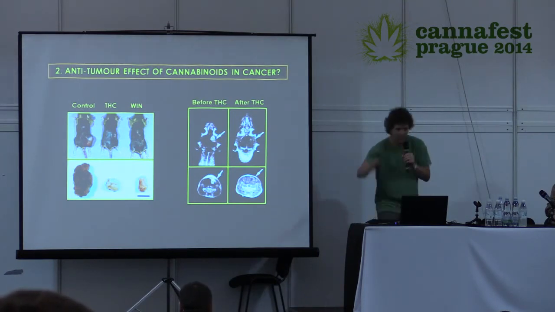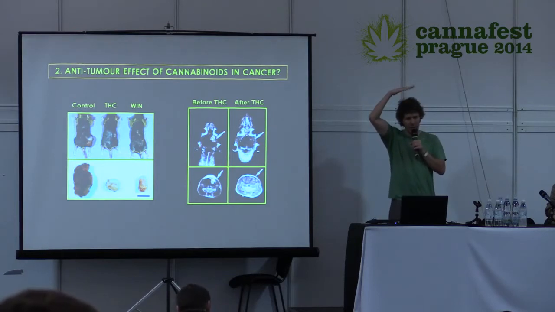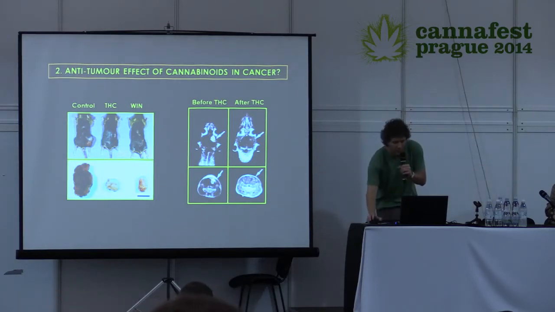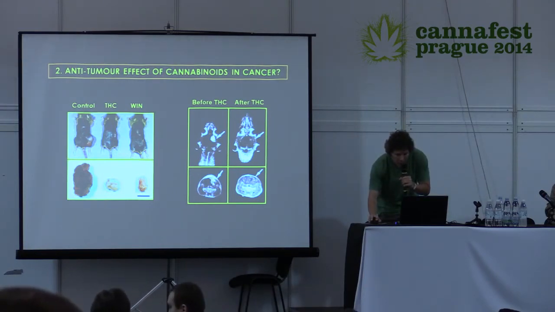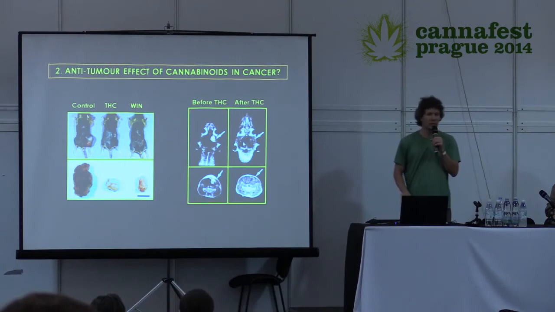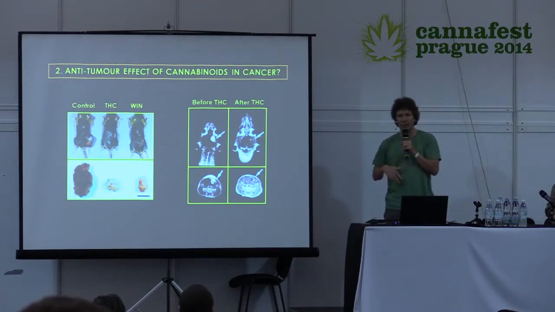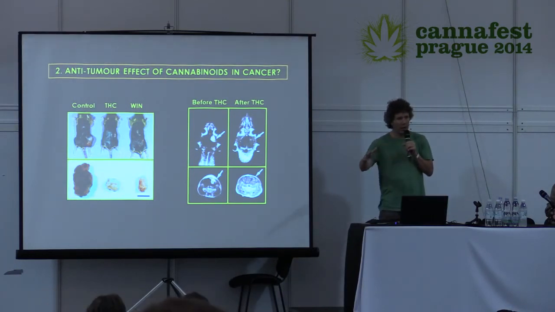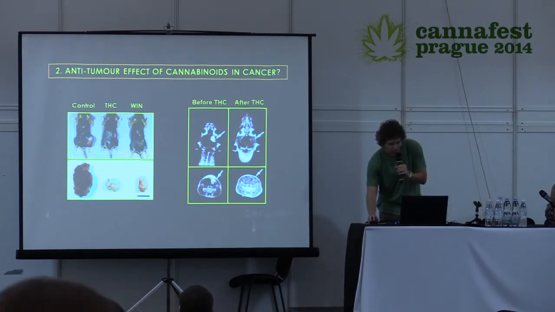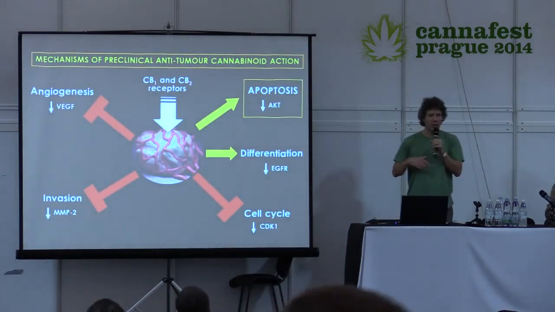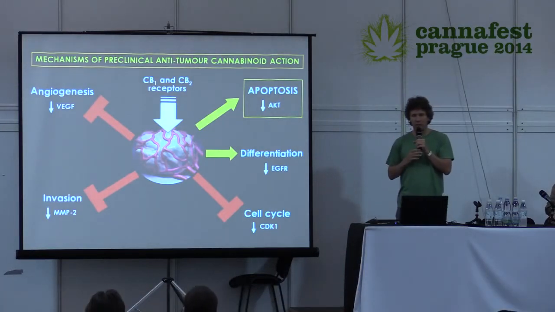Here, looked at from the upper part of the brain, what we call an axial projection. Here is from the back, what we call a coronal projection. You can see the tumor here as well. So after 1 week of THC treatment, the tumor disappeared, and it didn't relapse at all during the whole life of the animal.